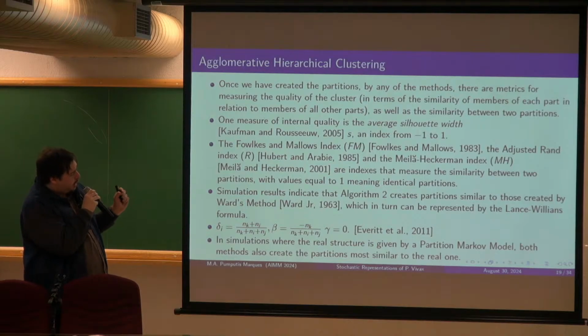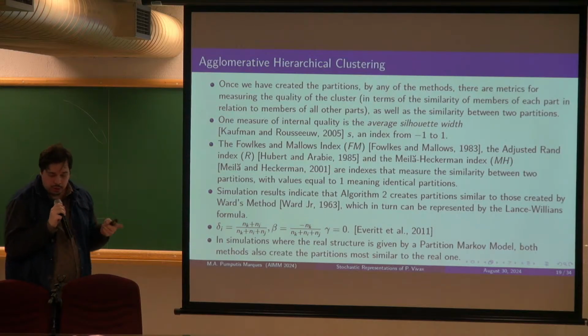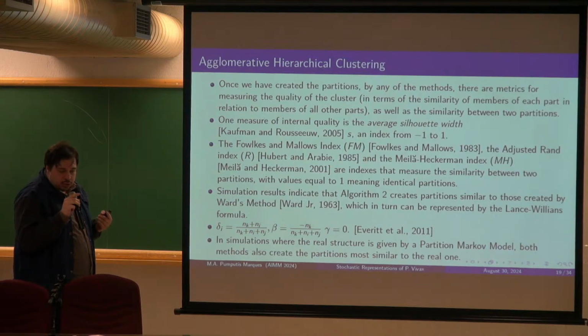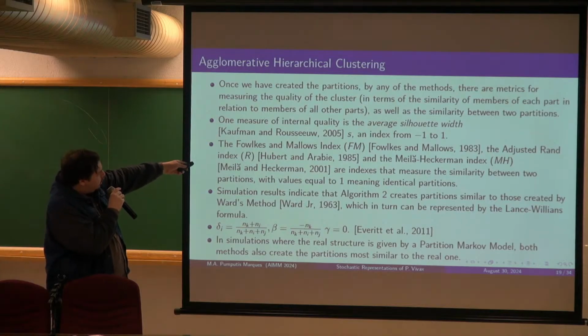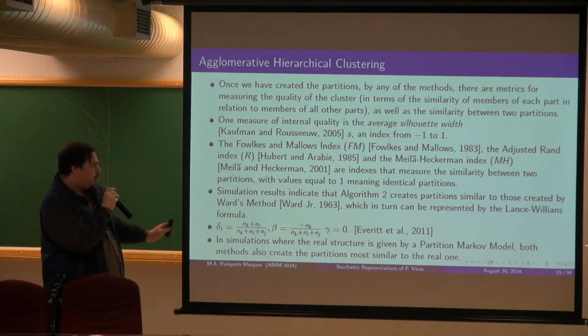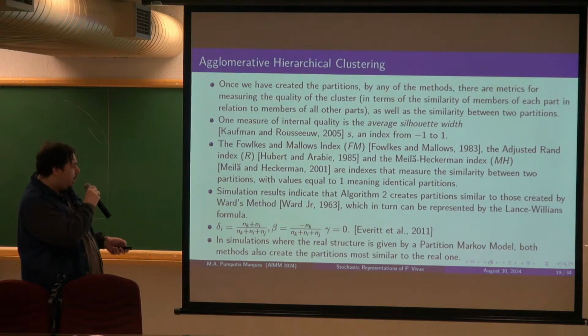The adjusted Rand index is the most common in literature, and the Meilă-Heckerman index is interesting because it also gives us which pairs of clusters are the most similar to each other. So it's going to say cluster 1 from this methodology is the most similar to cluster 3 of this other methodology, right?